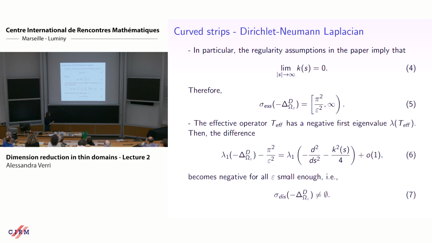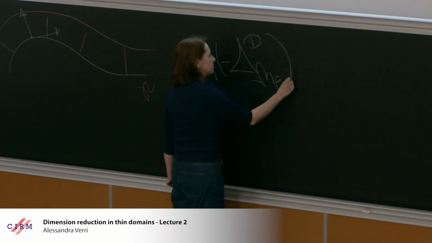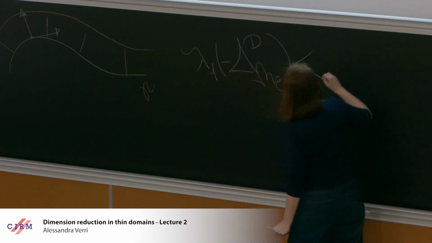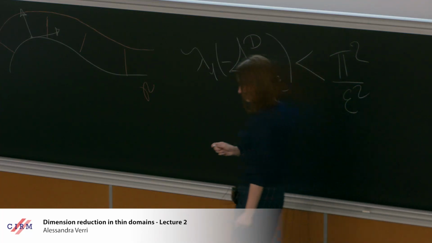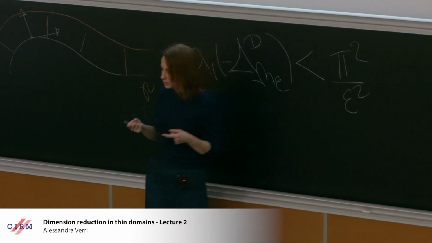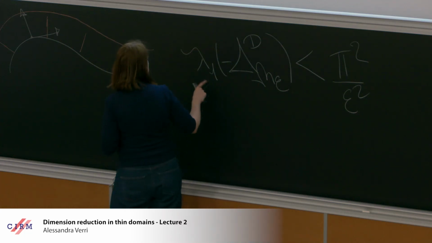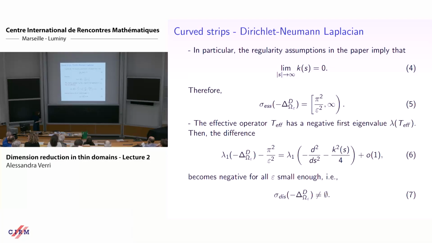Then lambda 1 of the Laplacian in omega epsilon is less than pi squared over epsilon squared. As this value is the infimum of the essential spectrum, we can prove that there exists at least one discrete eigenvalue.